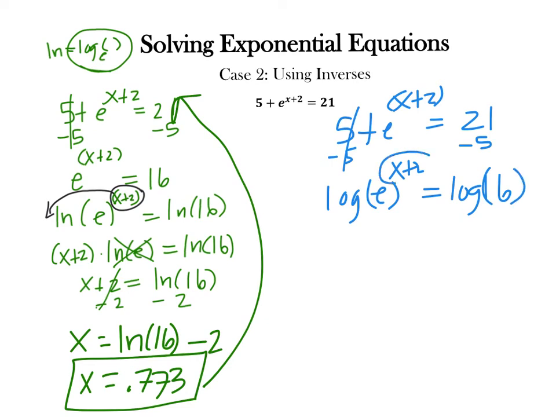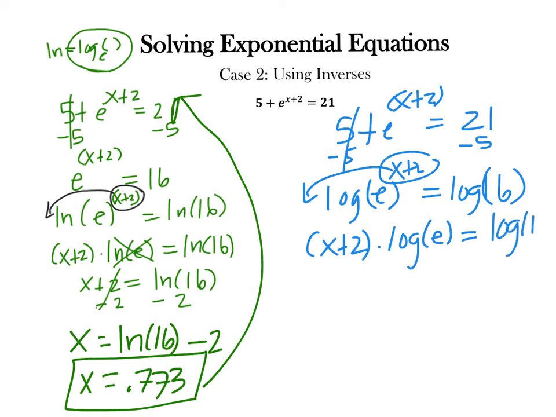On the left, I can bring the exponent to the front as x plus 2 times log of e equals log of 16. Now here, notice how this is base 10 and these are not the same bases, so this is not going to cancel each other out.